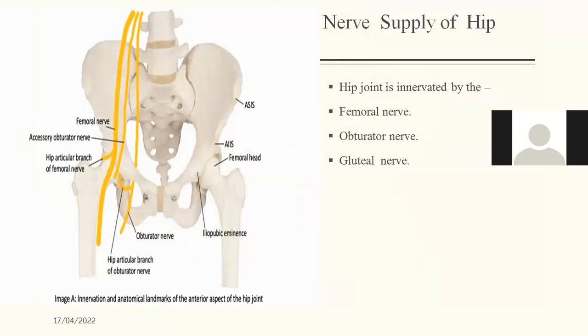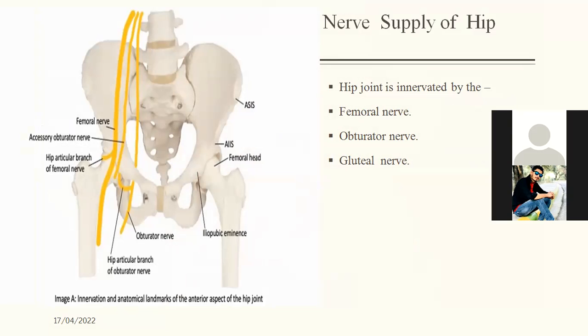So there are basically three nerves: the femoral nerve, the obturator nerve, and the sacral plexus. Respected one, please mute yourself. The femoral nerve, then the obturator nerve coming from the obturator foramen, and the femoral nerve goes parallel to the femur bone.